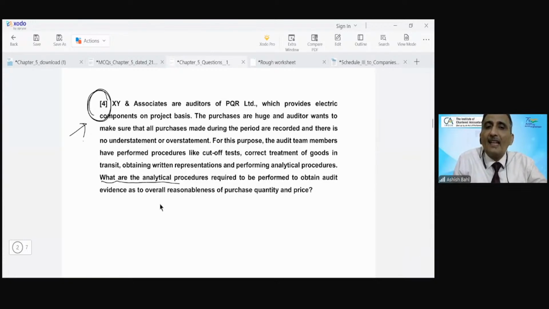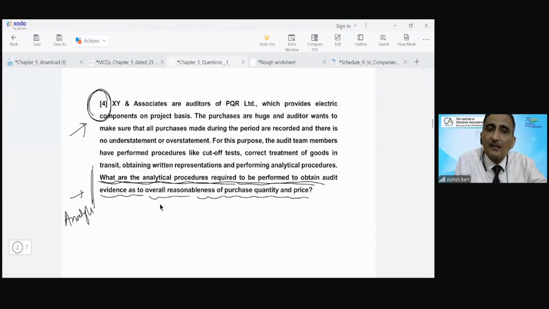What are the analytical procedures required to be performed to obtain audit evidence as to overall reasonableness of purchase quantity and price? You have to state only analytical procedures in respect of purchases.